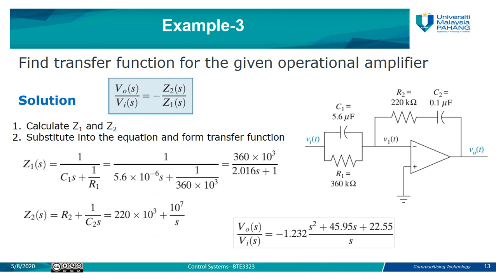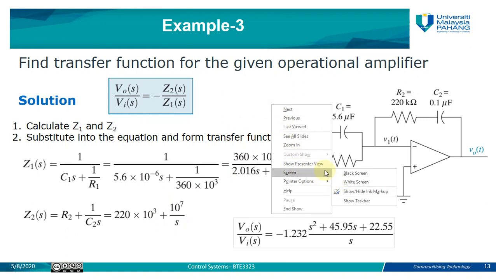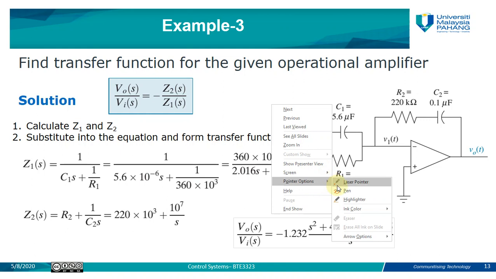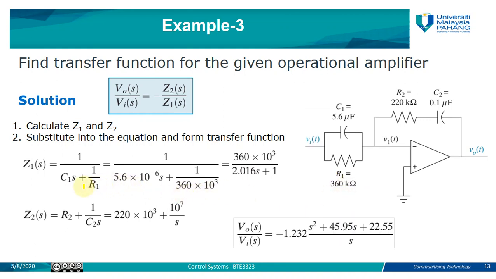You just need to substitute the value of the resistor and the value of the capacitor. The value of R1 here is 360 kilo ohm. You need to consider the units. Since it is in kilo ohm, you need to convert it into ohm, so it becomes 360 times 10 to the power of 3.